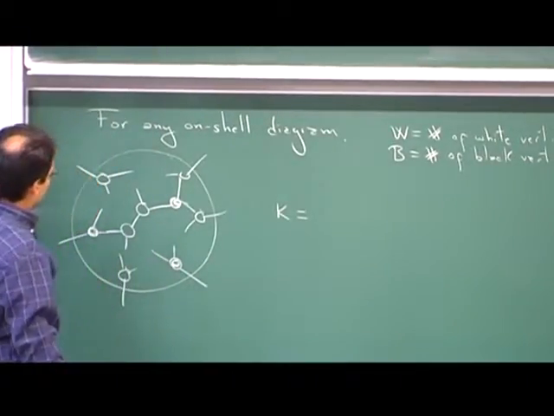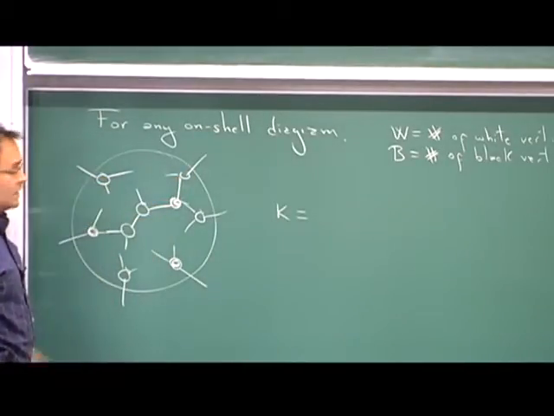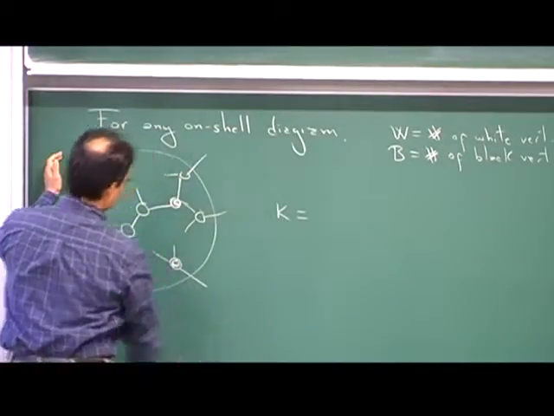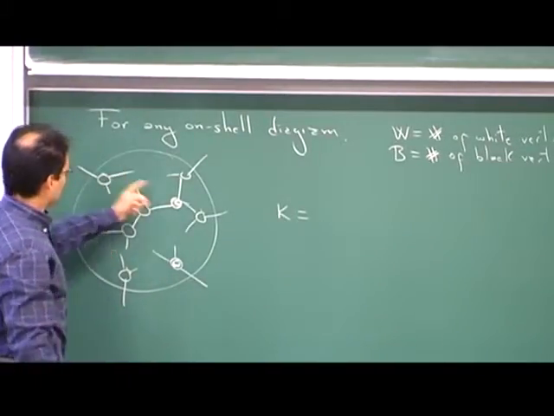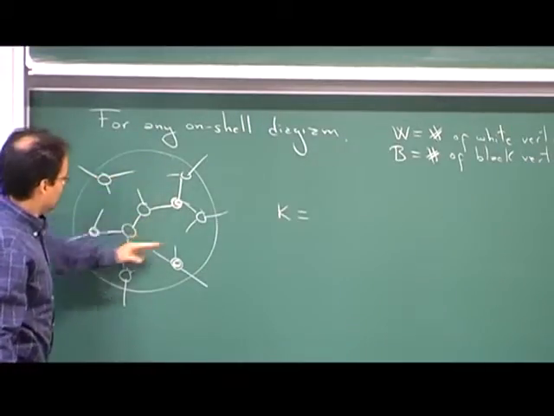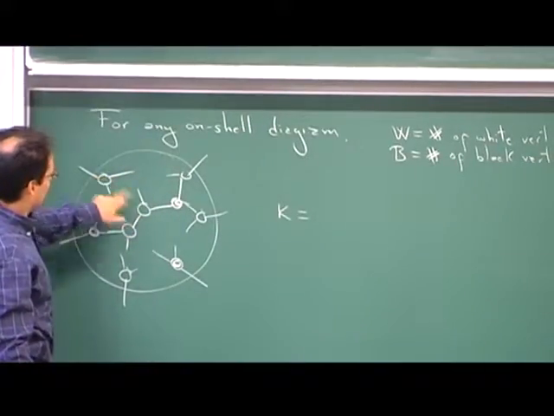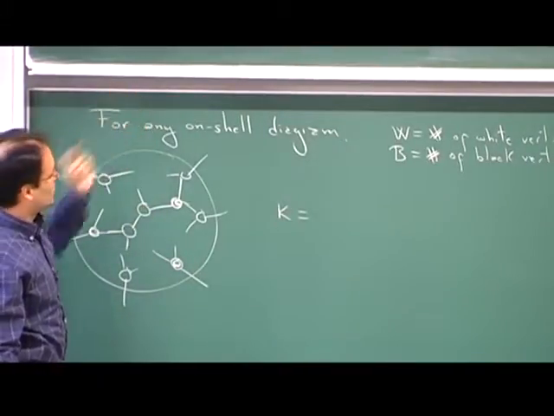Well, it's clear that every white vertex, if I rescale everybody on the outside, which is the only thing that I should do, I should also rescale the ones inside. But if I do that, then the white vertices will pick up 1 power of t to the 4th.